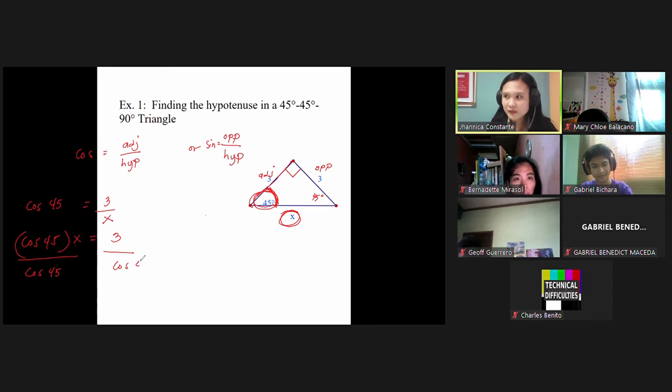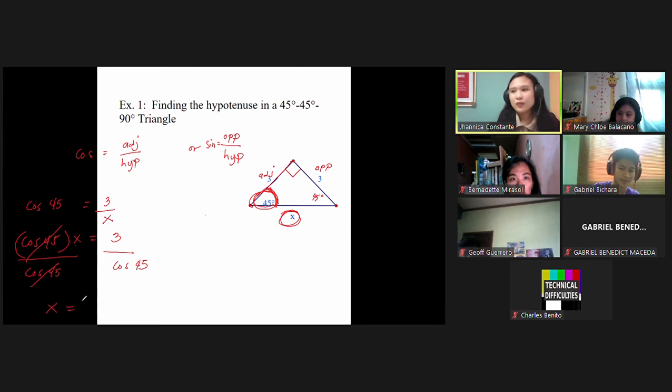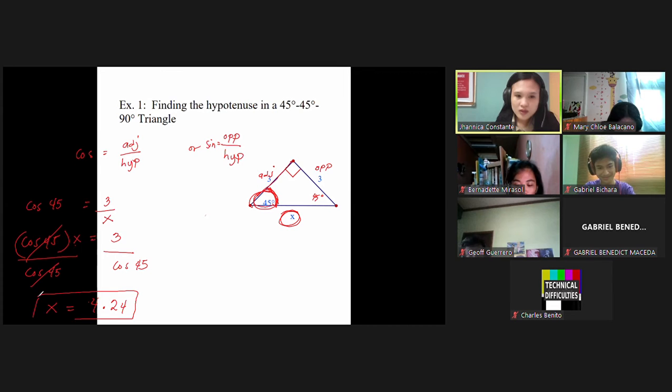So we have x equals 3 divided by cosine 45, which is equal to 4.24. That's the measurement of the hypotenuse.